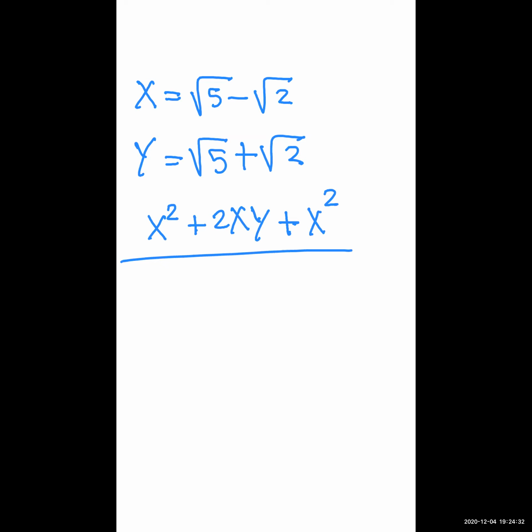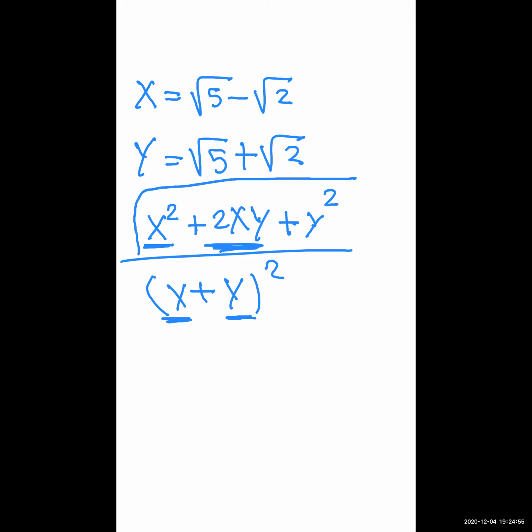Guys, actually, we studied before that there is a rule: (x + y)² equals the first term squared, which is x², plus 2 times first times second, which is 2xy, plus second term squared, which is y², right? So this means the required here equals (x + y)².